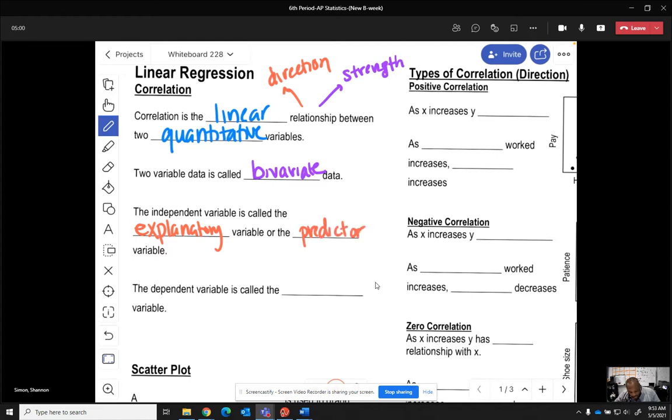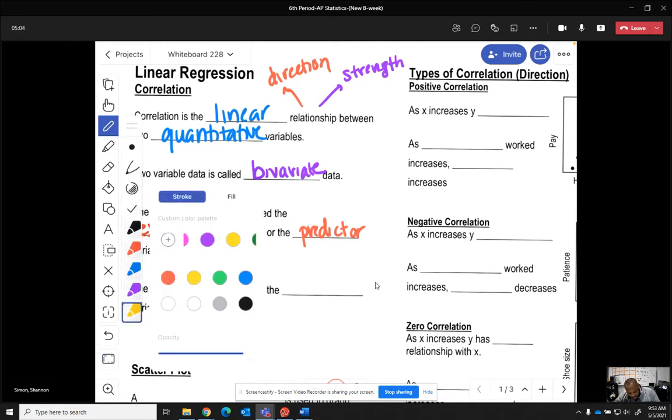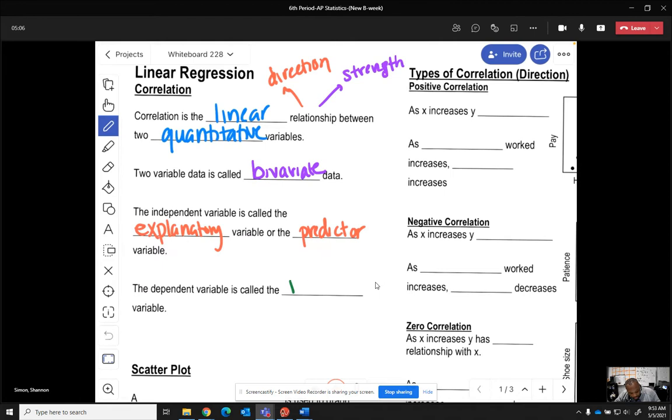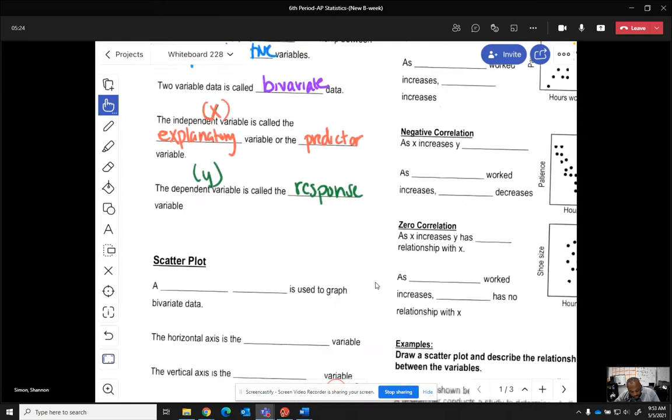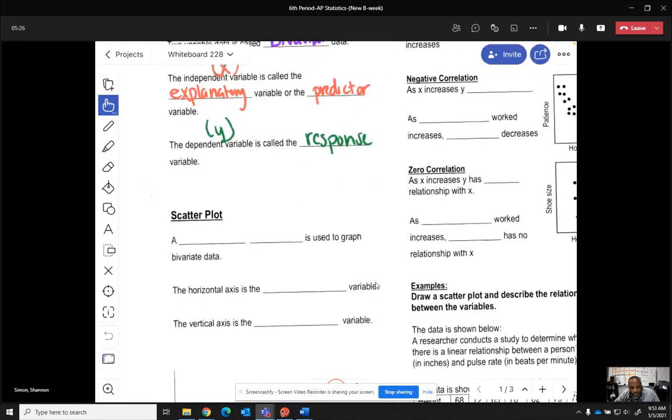The other variable, the dependent variable, is our response variable, because it's going to respond to whatever is explaining it. Generally, the explanatory is our independent or x variable, and the dependent is our y variable.